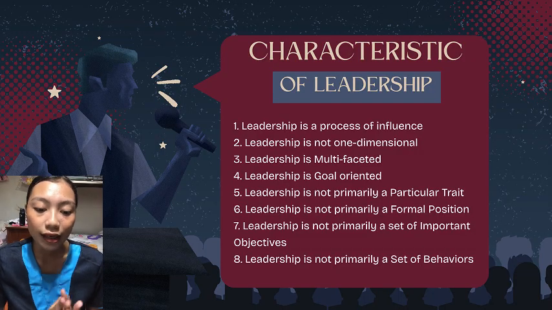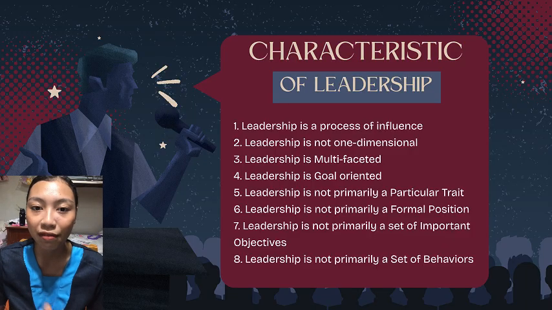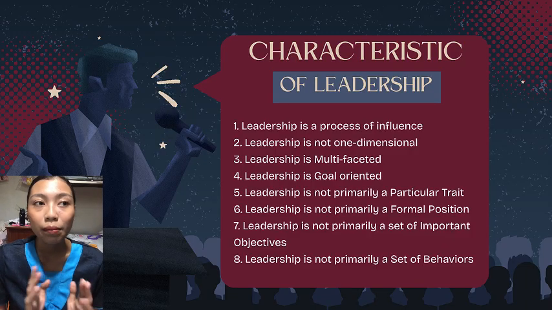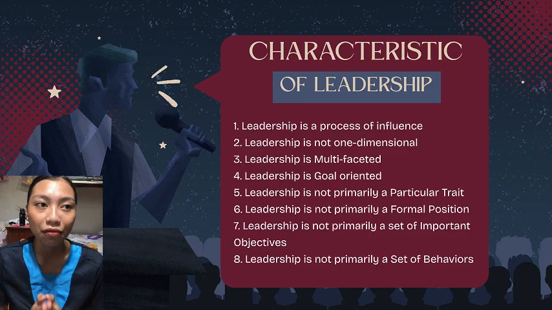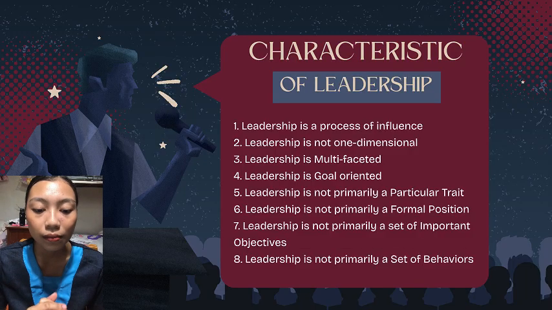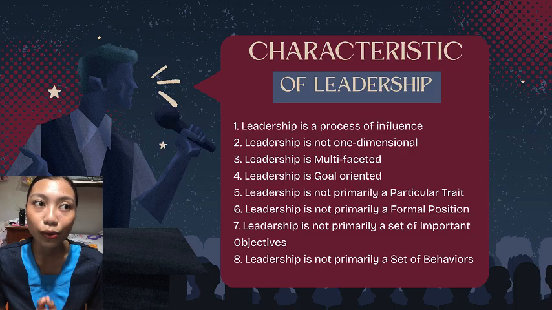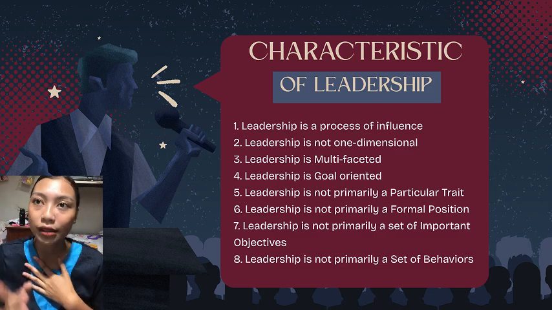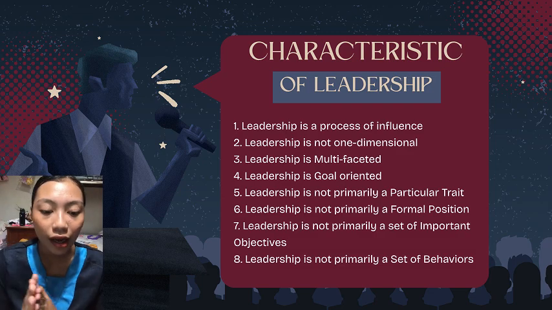Fourth is leadership is goal oriented, and leaders should focus on achieving specific outcomes. Being a leader, you have to have a checklist to ensure that your actions, or the actions you are giving to your subordinates, are leading towards the goal you have to achieve.